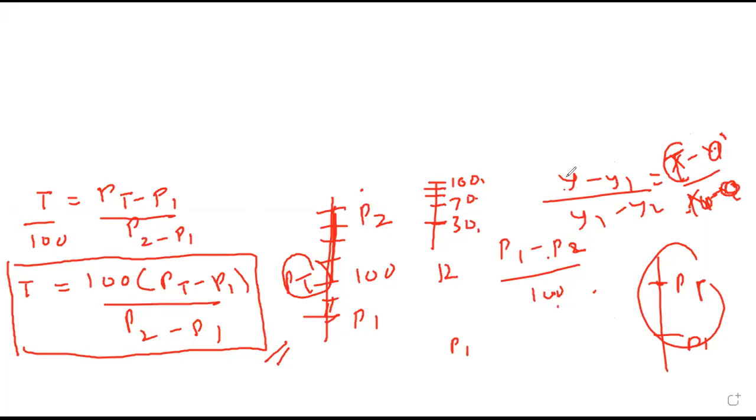Same here, Y is any point PT and this is suppose P1. When you interchange, this will become Y2 minus Y1. So the meaning is the same, P is any temperature. So we get Y minus Y1 upon Y2 minus Y1, and here the same X2 minus X1. So from the equation of line concept, we are getting this expression.